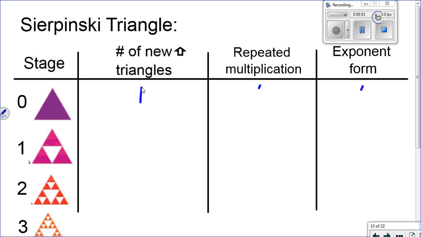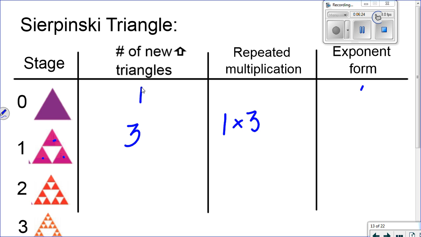How many new triangles are there? Well, with repeated multiplication, this is just 3, right? Or you can say 3 times 1, but I'm just going to say 3. We haven't multiplied anything. Or we could say, if we look back, we have 1 triangle, and then we have 3 triangles, so we could say 1 times 3.